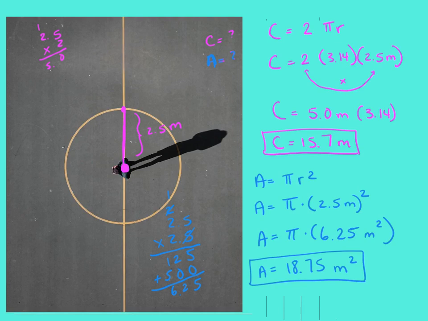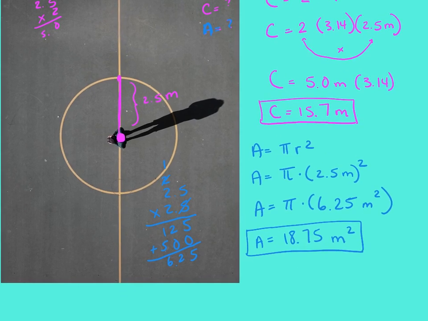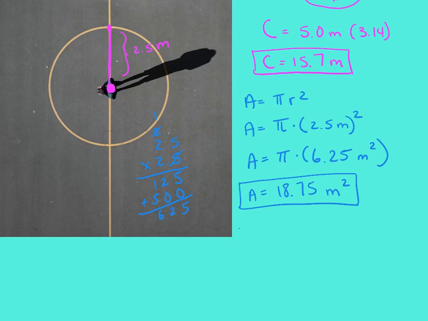I'm double checking. So if I take 6.25, guys, and I multiply that by 3.14, I actually get 19.625. Okay, so I think, unless I'm making a miscalculation, it would seem like that's the right answer there.